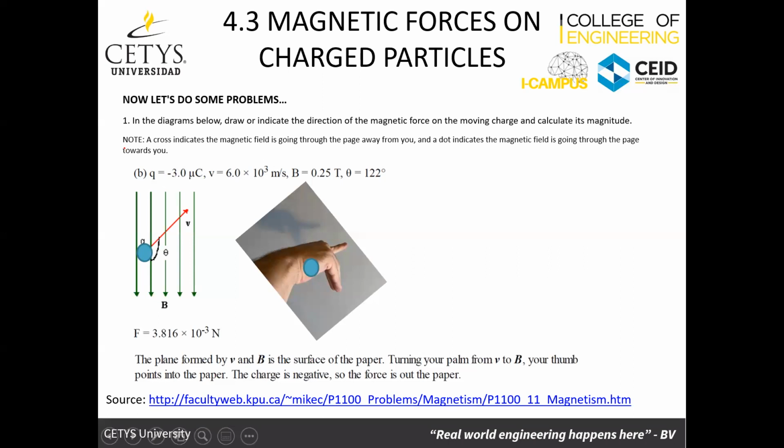When we calculate, similar to Coulomb's law, we just use the magnitudes. The direction is being given by the right-hand rule. So again, force is going to be equal to Q V B sine of theta.